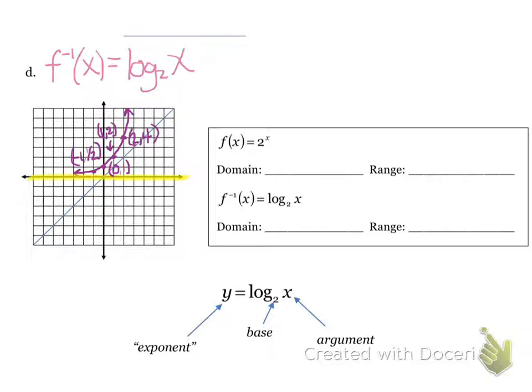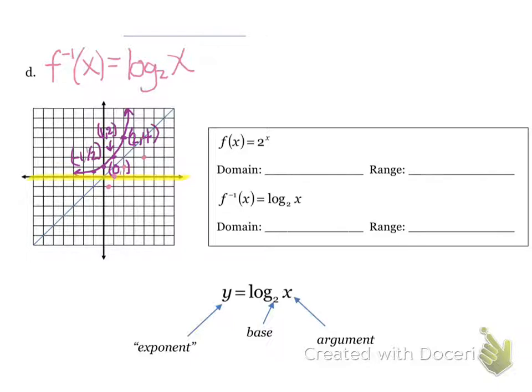We know that with inverses we can interchange the x and y. So I'm going to plot 1/2, negative 1. I'm going to plot 1, 0, 2, 1, and then 4, 2.